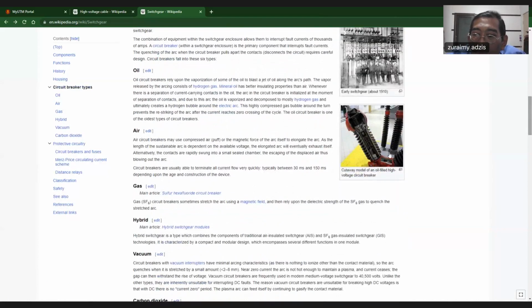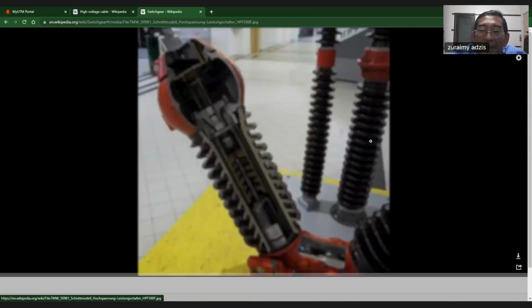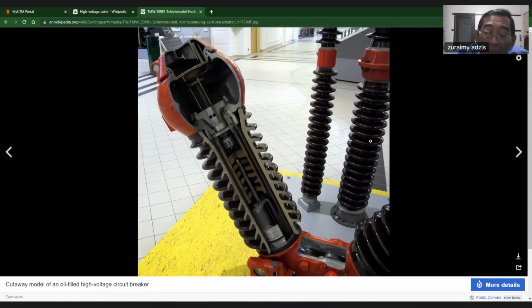And this is an oil filled high voltage circuit breaker, which is a switchgear, but more towards where the switching is occurring, and it occurs here. You have springs to make sure that when it switches on, it is complete contact. When it switches off, completely not in contact.